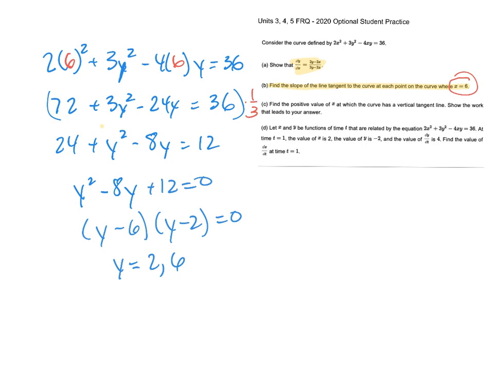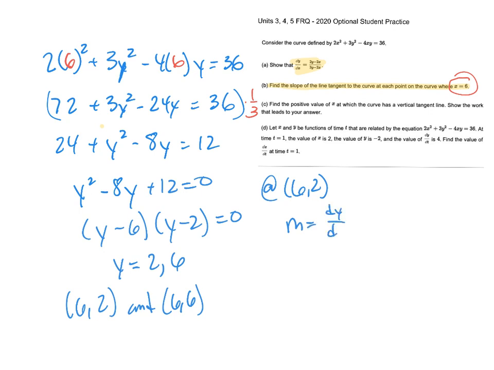Okay, we have two y values, so we have 2 points. We have 6, comma 2 and 6, comma 6 that we want to deal with. So let me start by working with 6, comma 2. At 6, comma 2, m, the slope, is going to be dy over dx with those two values plugged in.